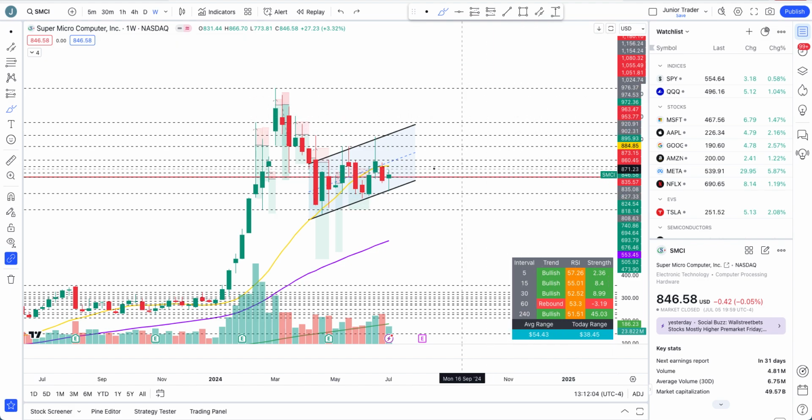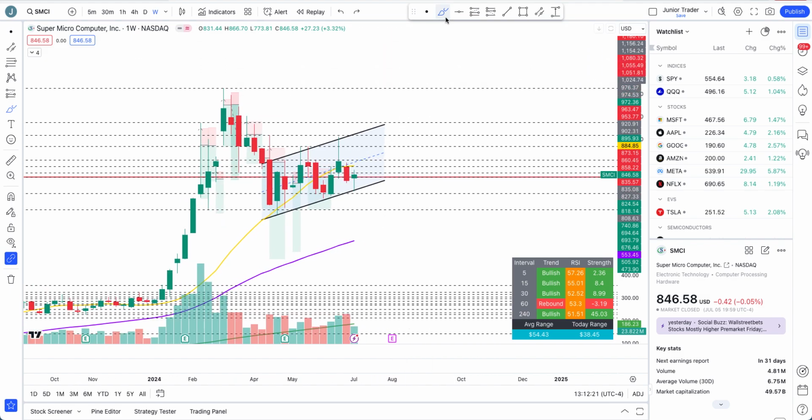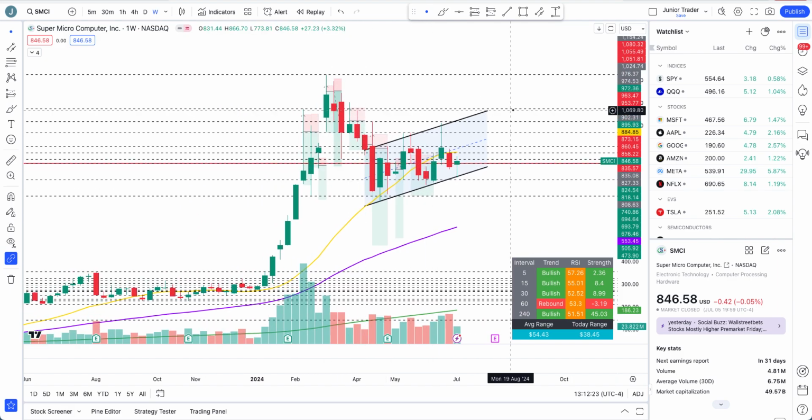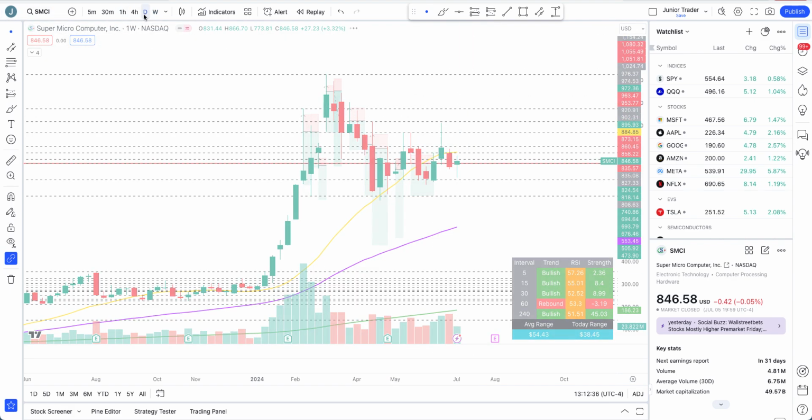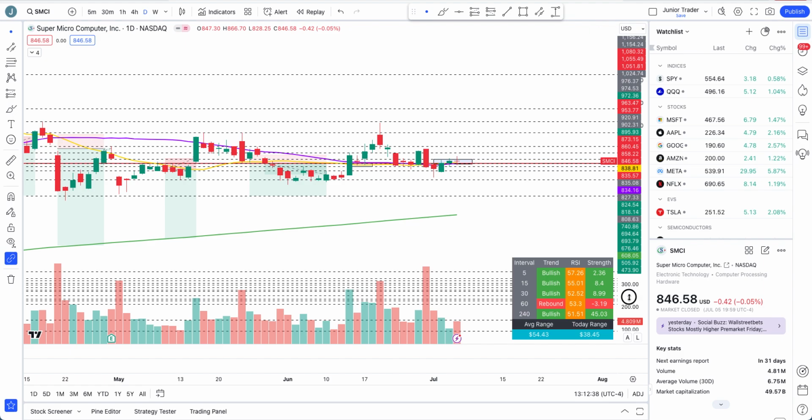But the thing is that these flags on weekly interval are just too long of a game, it's very hard to trade these type of things. I would suggest that you stick with the intraday. And on the daily interval, I would not focus too much on this flag here, because it's just too wide to make any decisions off of it. You would be better off trading it intraday only right now. That's where the money is, both on the upside or the downside, as for the levels I provided.